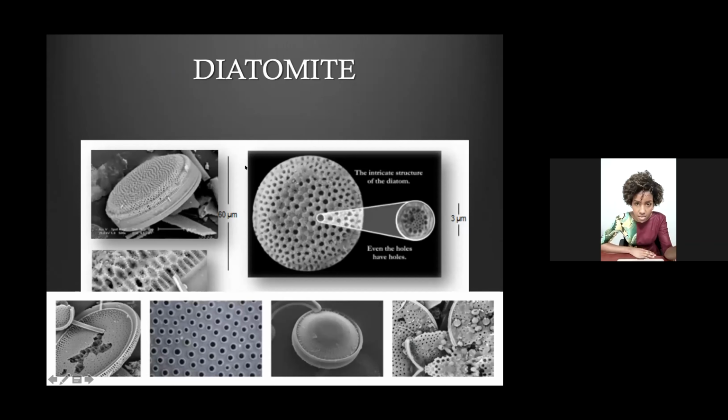As I said in the beginning, diatomite is like a group of silica, but the difference between this one and the others is that this type of silica has pores, and this type of pores allows the material to have more stress reduction and less polymerization contraction.